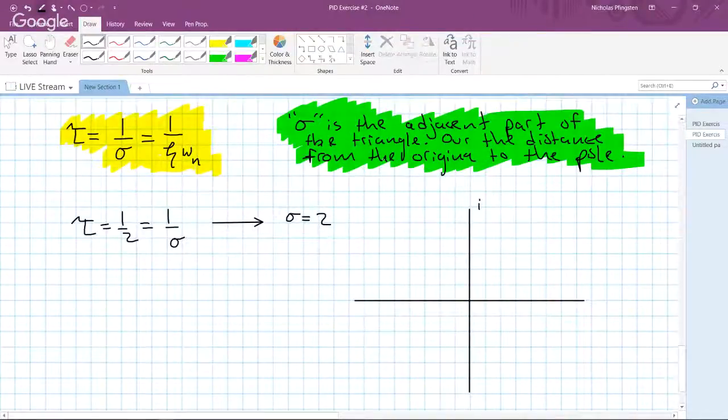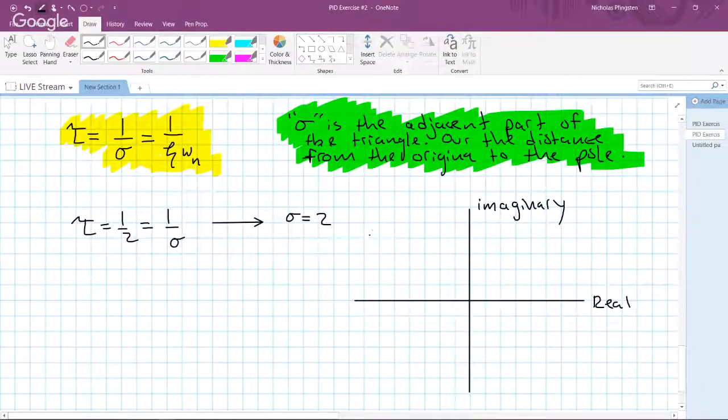So this is the imaginary axis. This is the real axis. And sigma is 2 away from the origin on the stable side.